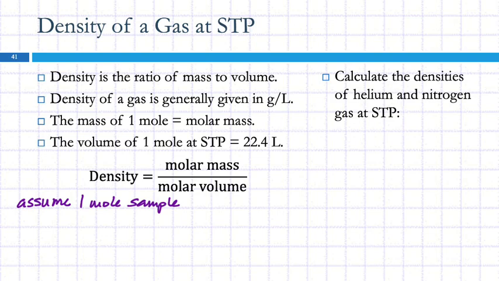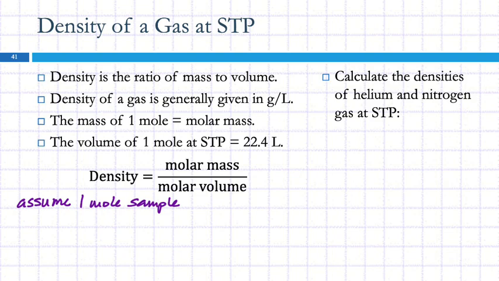So if we say we have a mole, then the mass of this is going to be the molar mass of the gas, right? So we can find the mass of 1 mole, and the density is going to be the mass divided by the volume of 1 mole. Well, at STP, that's 22.4, right?